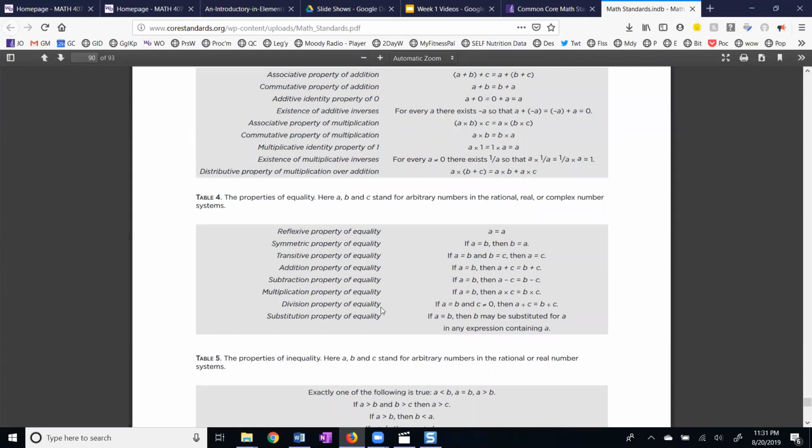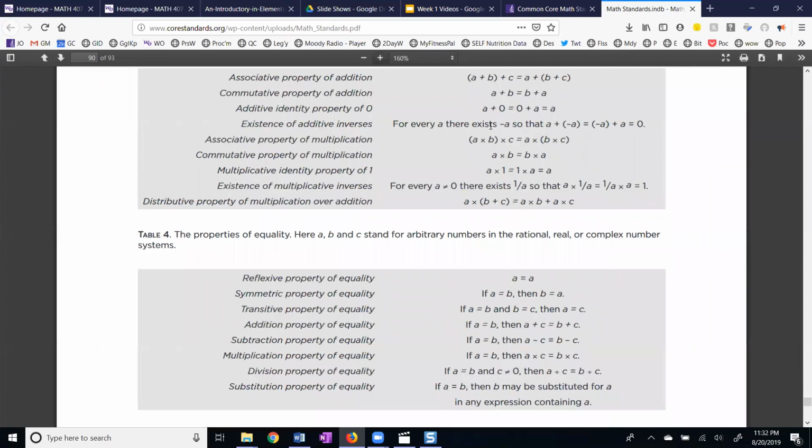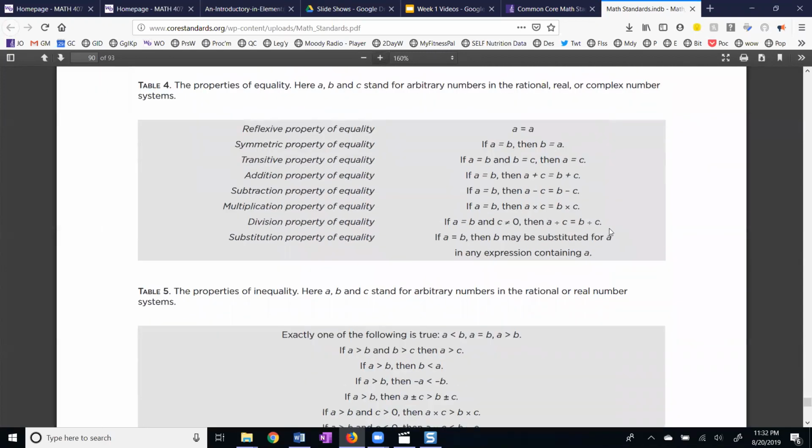Similarly, the division property of equality. If A equals B and C is not 0, then A divided by C equals B divided by C. This says that we can divide both sides by a number as long as we're not dividing by 0. And the substitution property is here as well. And these are on our foldable.